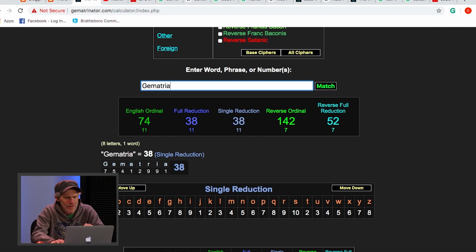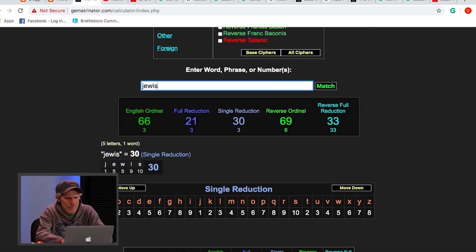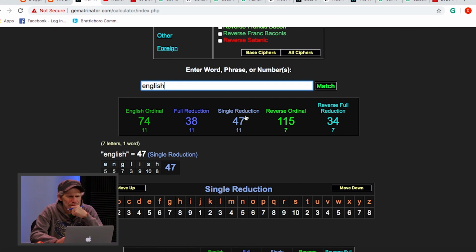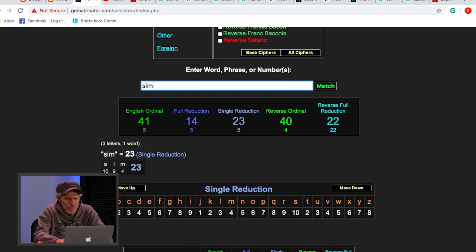Gematria, this practice, 74. It's an occult practice. It's about Jewish mysticism. It's about the English language. It encompasses all languages, really. But English is the newest, I think, of the languages. And it's simple. It really is simple.